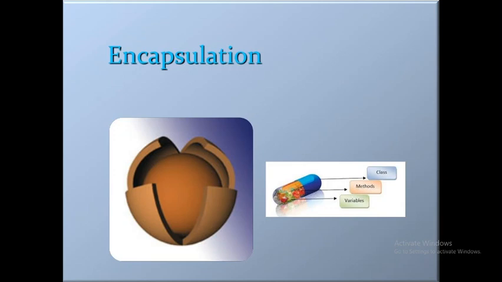So in object oriented programming, that outside covering is nothing but your class, whereas inside that class, the content of the class is the variables and the methods. That is how we are protecting the content of the class, that is the methods and variables, and to the outside world only the outside capping, that is only the class name, will be visible.